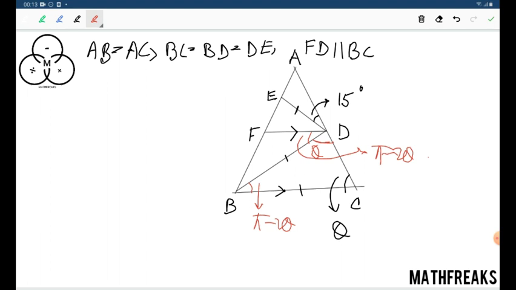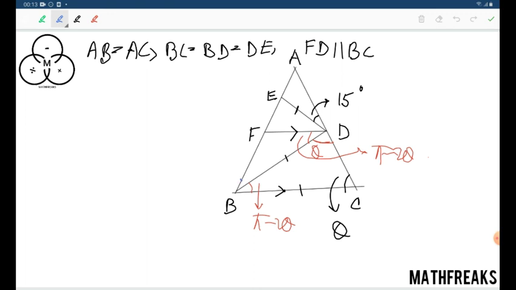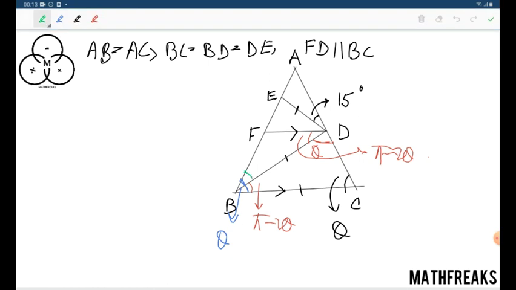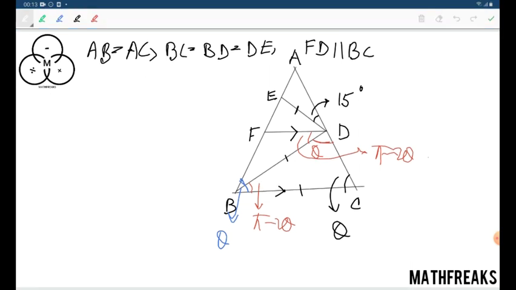Since AB equals to AC, this total angle is also what? Theta only. Total angle is also theta. And what about this part? Theta minus pi plus 2 theta implies that 3 theta minus pi. This part is 3 theta minus pi.